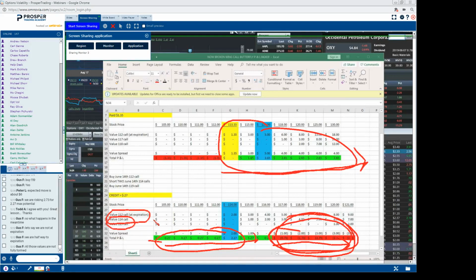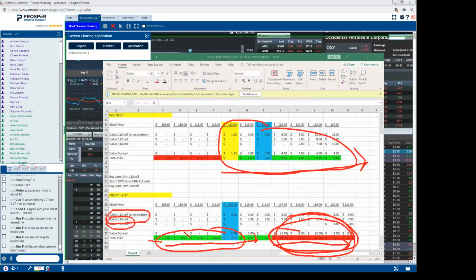Okay, it's hard to value because then you have to look at other factors like volatility. It's hard to value where these options would be in the middle, in the cyberspace between now and expiration. Can't do it on a spreadsheet like this. I can do it on the risk graph in our trading platform. I can't do it on this spreadsheet.